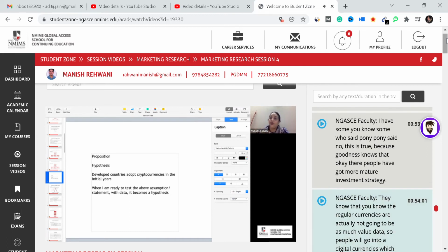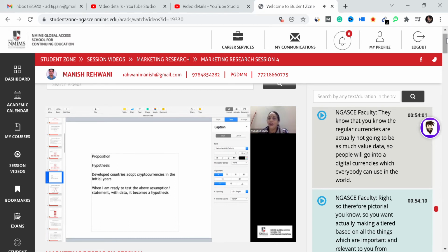They know that the regular currencies are not going to be of much value later. So people will go into digital currencies, which everybody can use in the world, right? So therefore crypto will come. So you are making a theory based on all the things which are important and relevant to you. From past data also, you have taken things and then made a proposition. So a proposition should have sound support of theory.